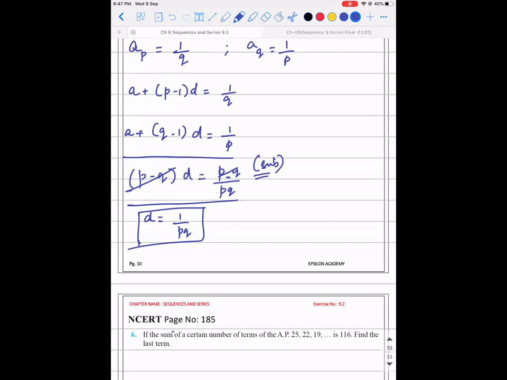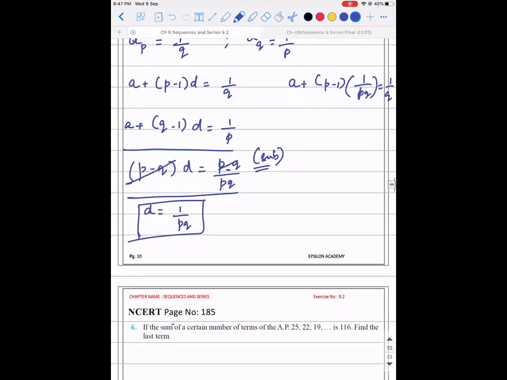So substitute this in any one of the equations. a plus (p minus 1) into d, with d as 1 by pq, is equal to 1 by q. So a is also 1 by pq.